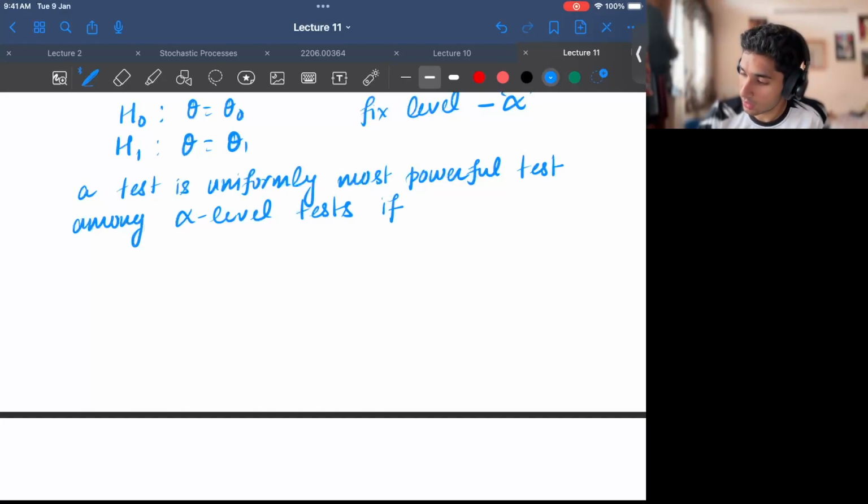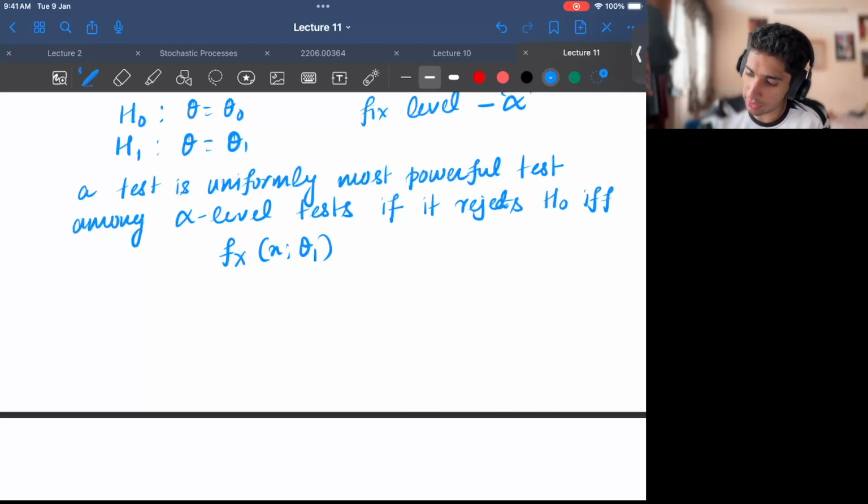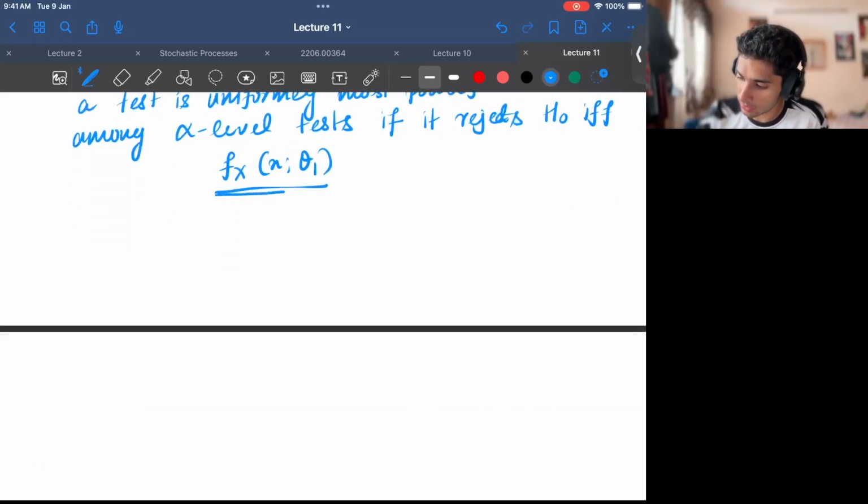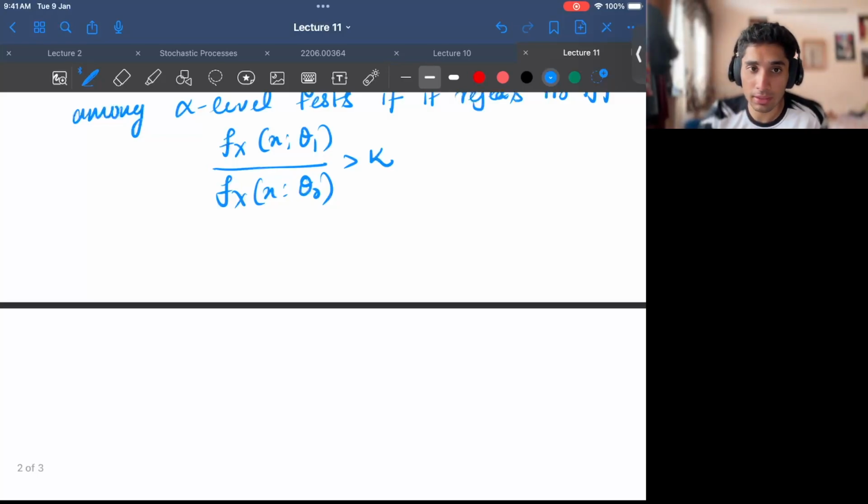if it rejects H naught if and only if f of x under theta 1, so the likelihood under theta 1 divided by the likelihood under theta naught, is greater than some scalar kappa, for some kappa that belongs to the real numbers.